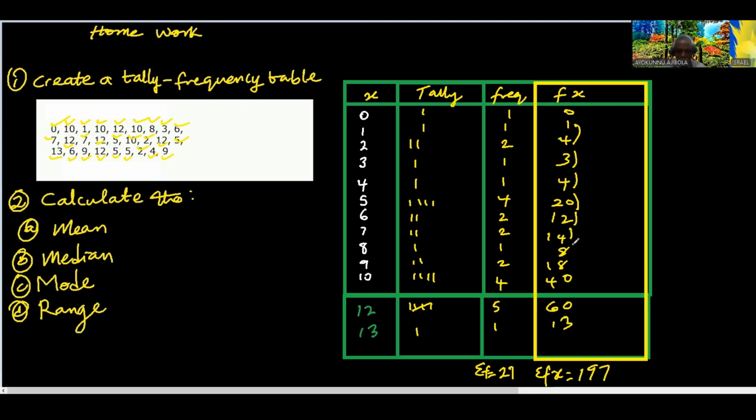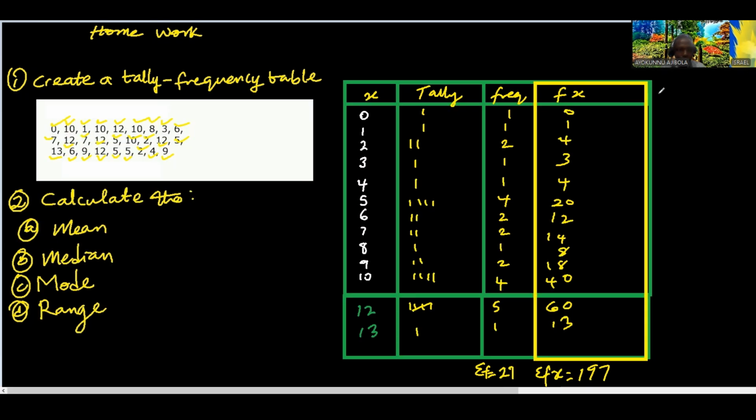I think this is the correct one. 58 plus 8, that's 66. 66 plus 18, that's 84. 84 plus 40, that's 124. Plus 60, that's 184. And 184 plus 13, that's 197. So we are correct at the first instance, okay?